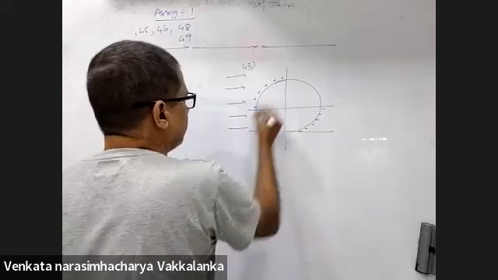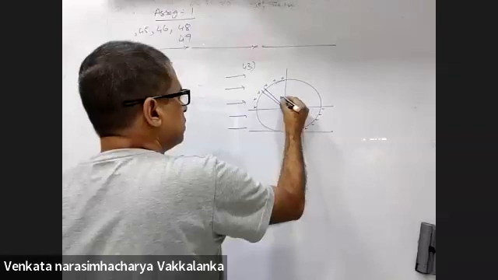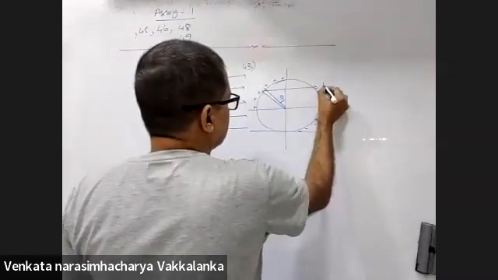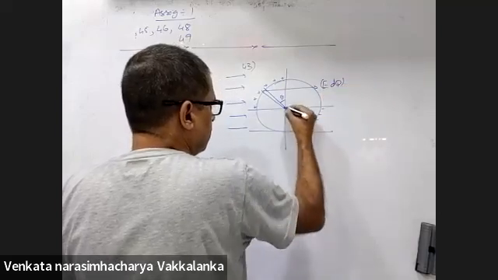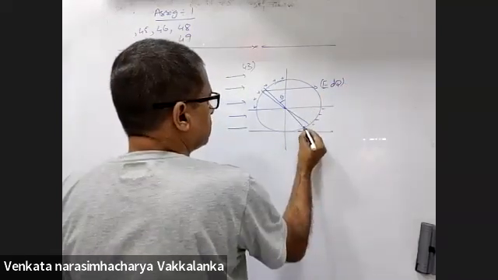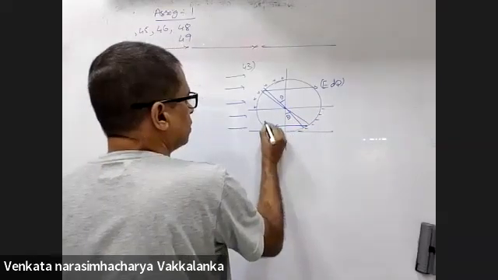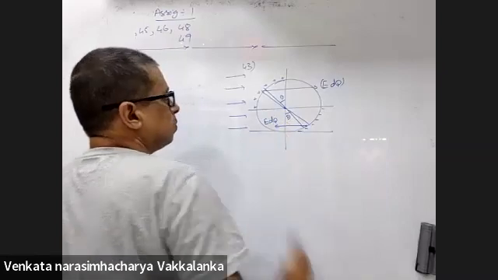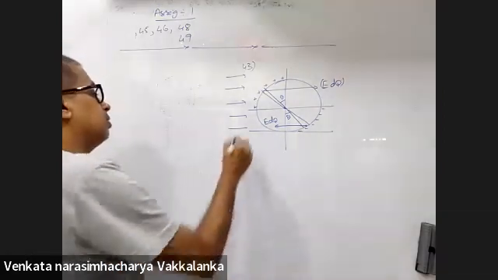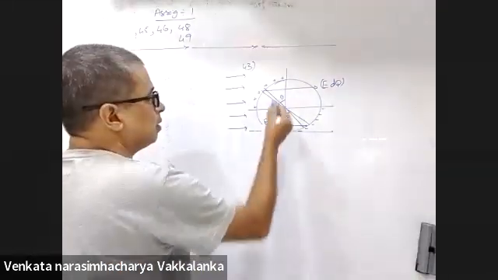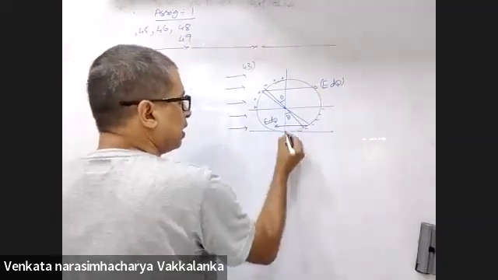You have an electric field this way. Consider an element E dq. Similarly, an element here E dq. E dq will cancel out.